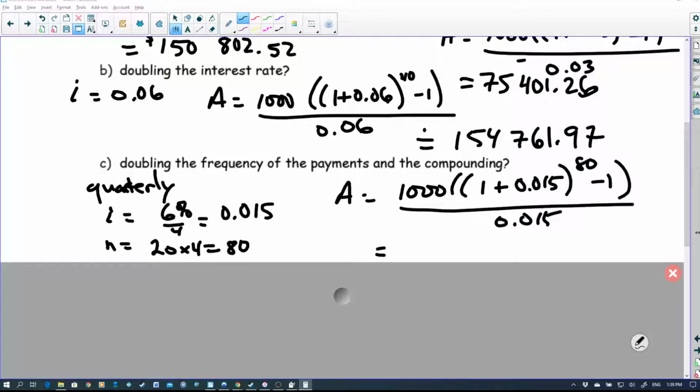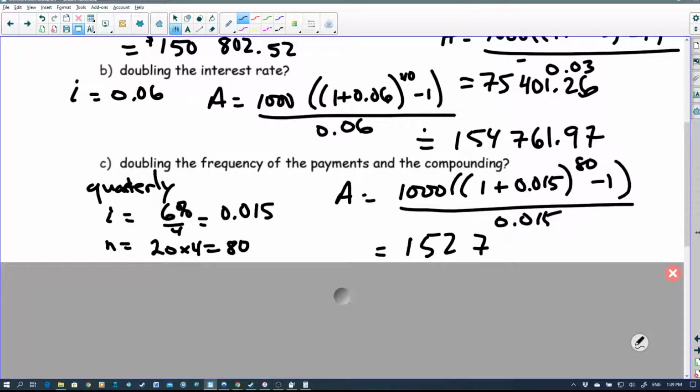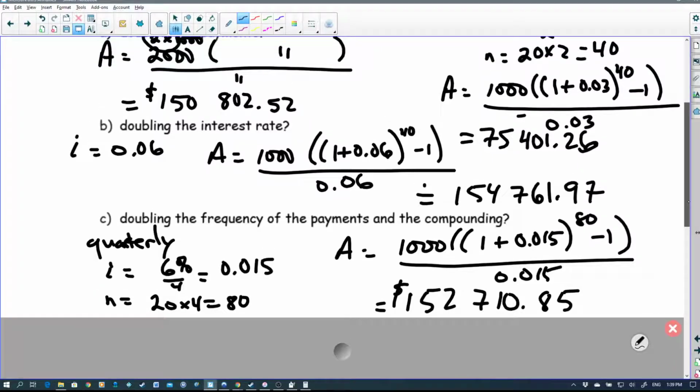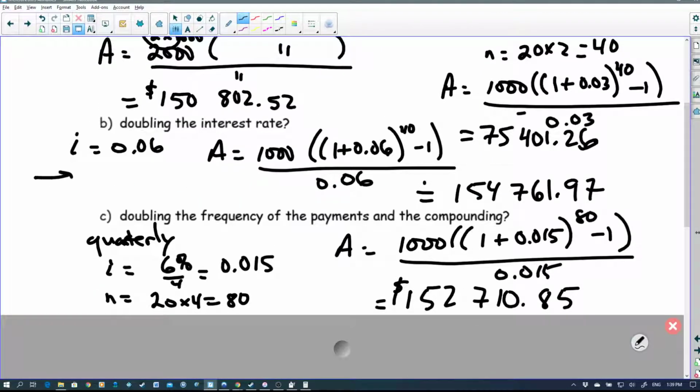It is less than doubling the interest rate. It is more than doubling the payment, and it is definitely more than just doing it at the smaller interest rate. Okay, but the comparison between this example and this example that I'd like you to see is that even though you had fewer payments, 40 versus 80, your interest rate was 0.06 compared to 0.015.